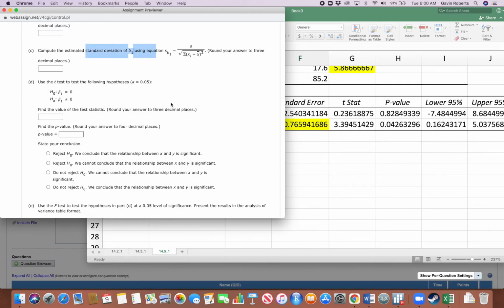So just going back to what we've been doing for the semester, anytime we estimate a number with data and then look at that estimate's standard deviation, we refer to that as a standard error in statistics. So they're saying the standard deviation of your slope estimate, what they're talking about right there is the standard error of the slope estimate.